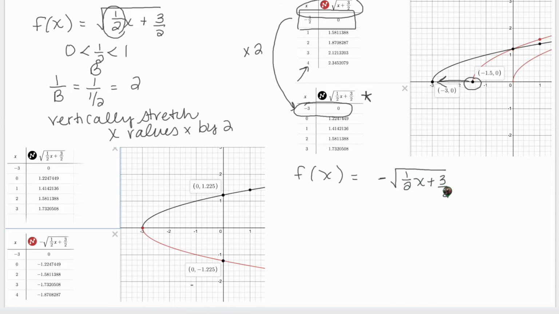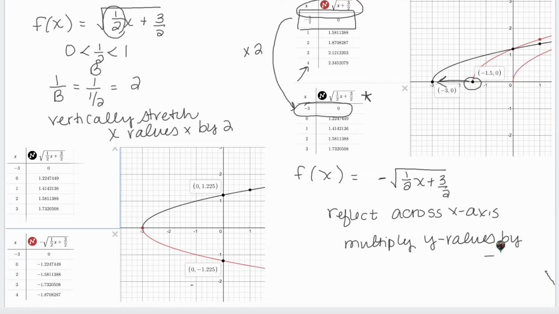This negative tells us that we're going to reflect across the x-axis, and this is going to affect our y values. So we're going to multiply our y values by negative 1. Here is where we left off, and here is where we're going.